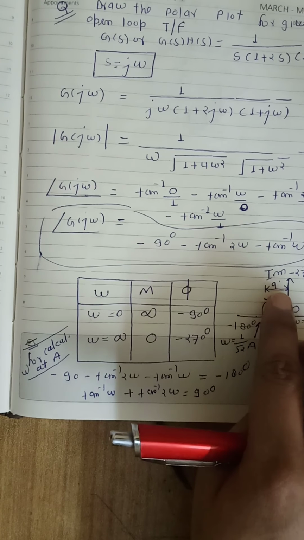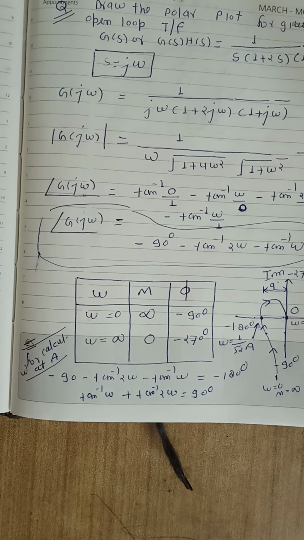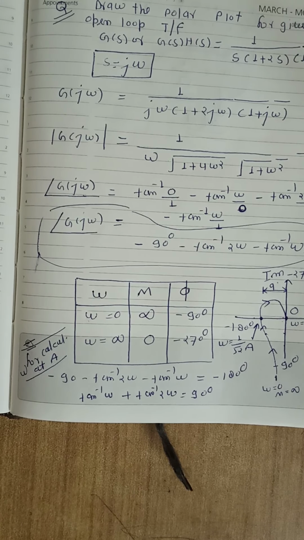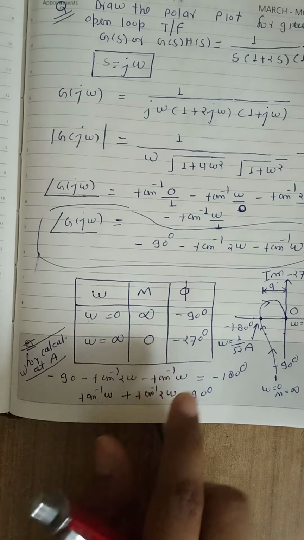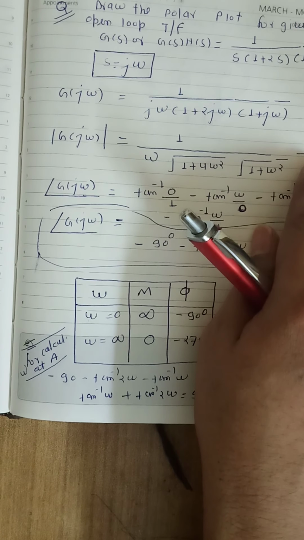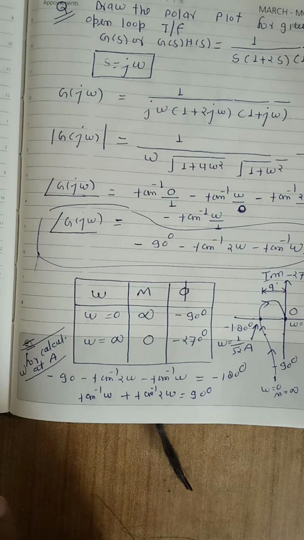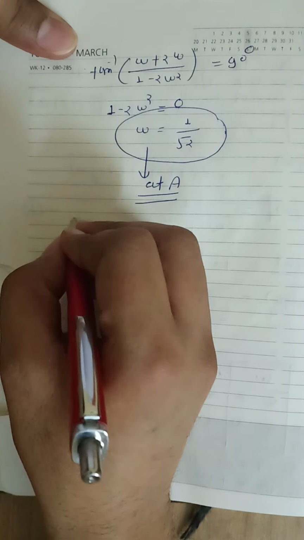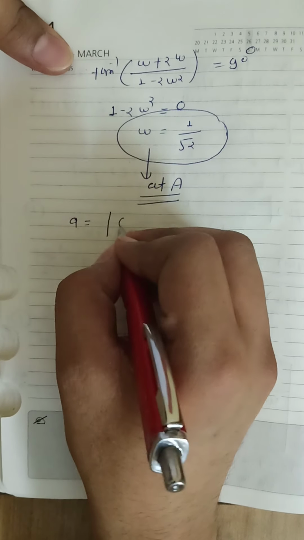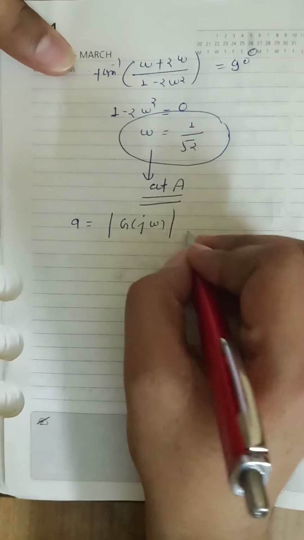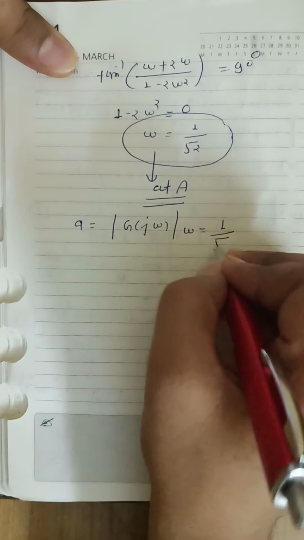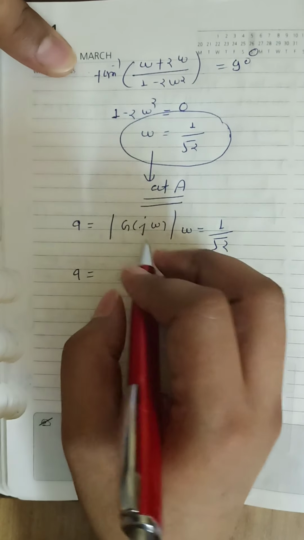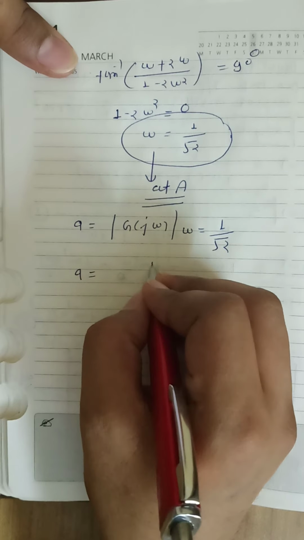Now let us calculate A. A means you can say magnitude. So how can we calculate A? We can calculate A from the equation, after putting omega equal to 1 by root 2. So the value of A is given by magnitude of G j omega, where omega is 1 by root 2. And already we know magnitude of G j omega from the first equation.